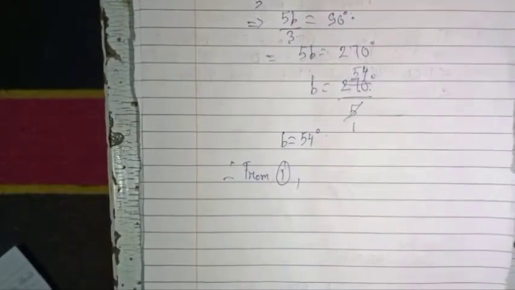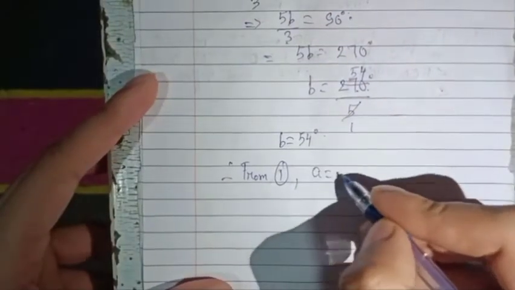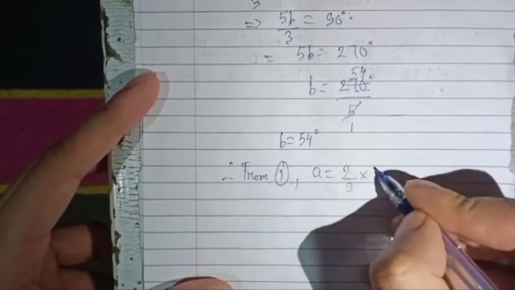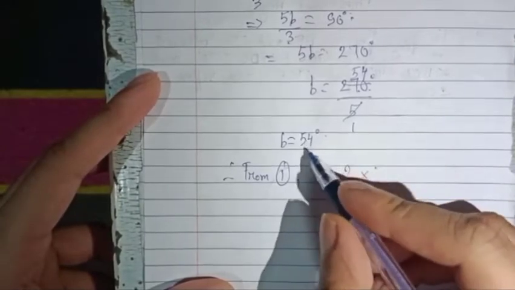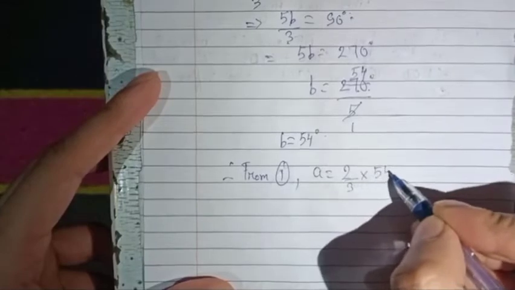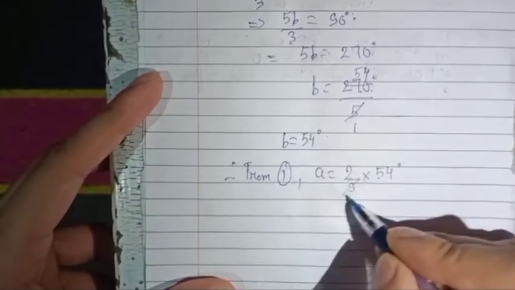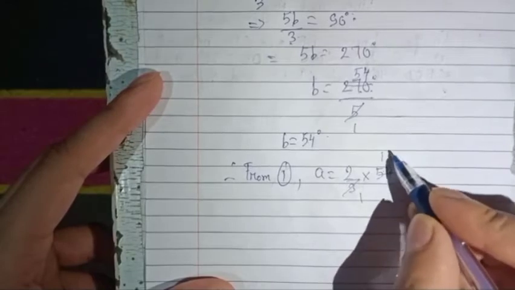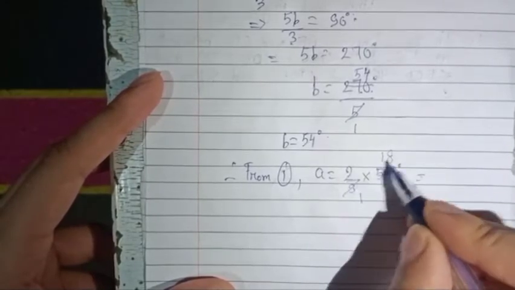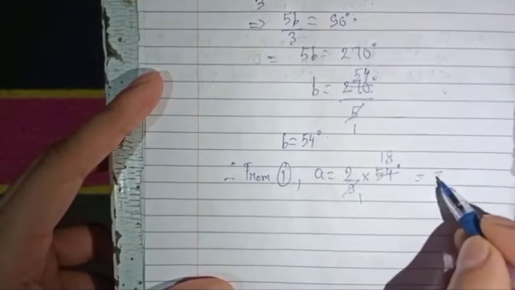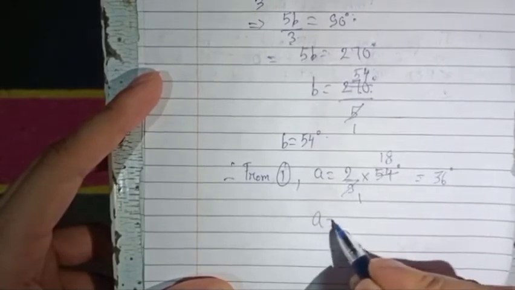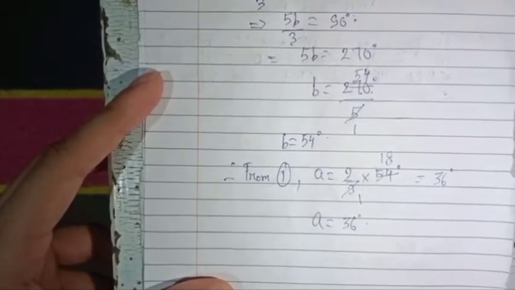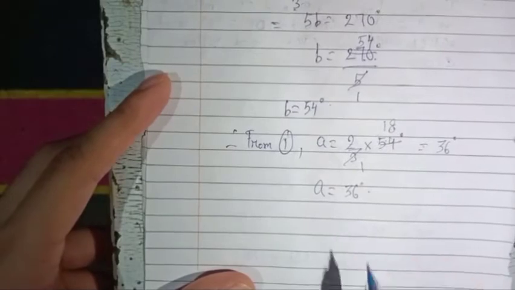From equation first, A will be equal to 2 upon 3 times B, that means 2 upon 3 times 54 degrees. 3 will divide 54 eighteen times: 3 ones are 3, 2 carry 24, 3 8s are 24. Then 18 multiplied by 2 will become 36. So A is equal to 36 degrees.